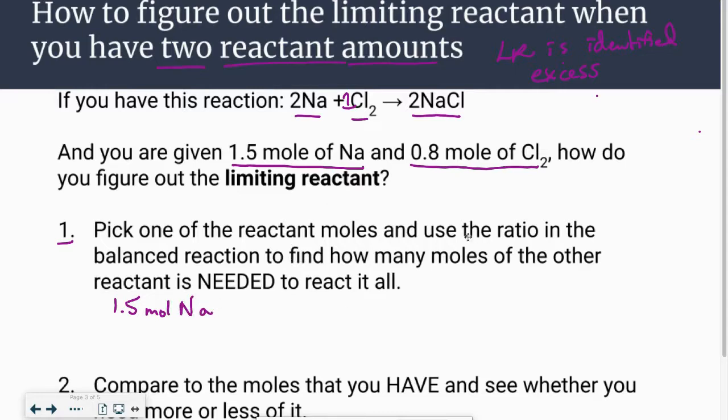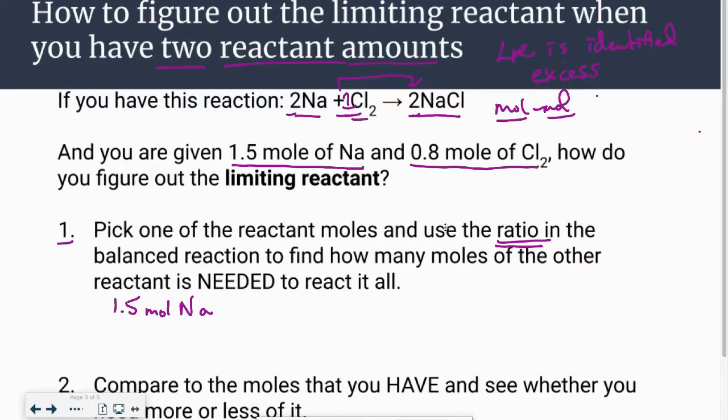And I'm going to figure out how many moles of the other reactant is needed to react all of this Na away. For that, I'll use the ratio in the balanced reaction, which allows us to go from moles to moles. These coefficients allow us to go from moles of one thing to moles of another thing.